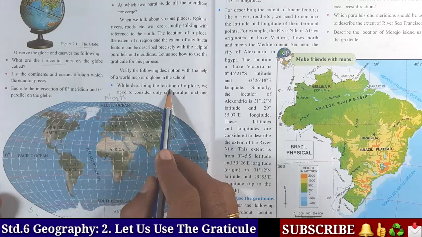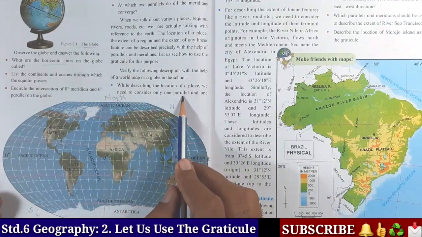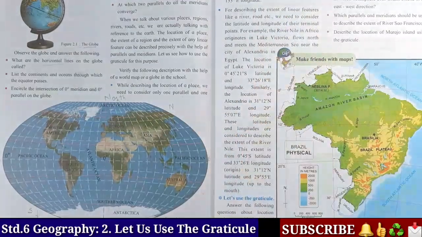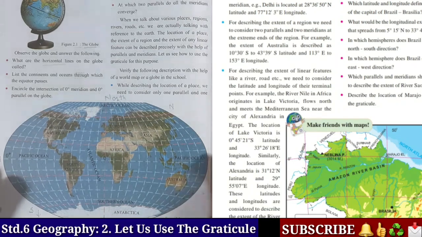While describing the location of a place, we need to consider only one parallel and one meridian. Okay students, understand it. Whenever you are describing any location, if you want to tell the location of a particular place, just now I have told you parallels of latitude and longitudes can be used to tell the location.